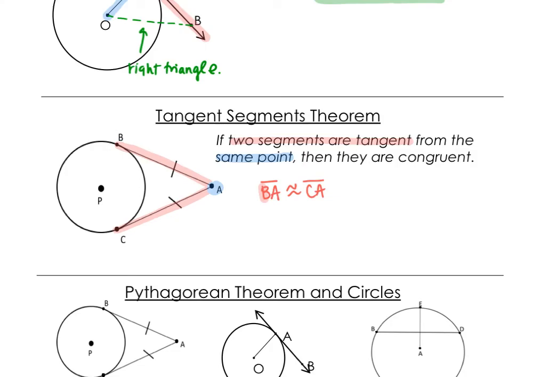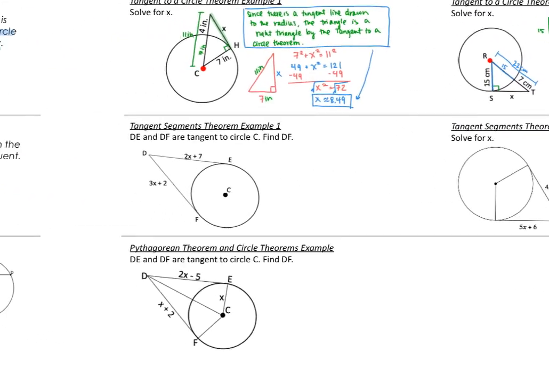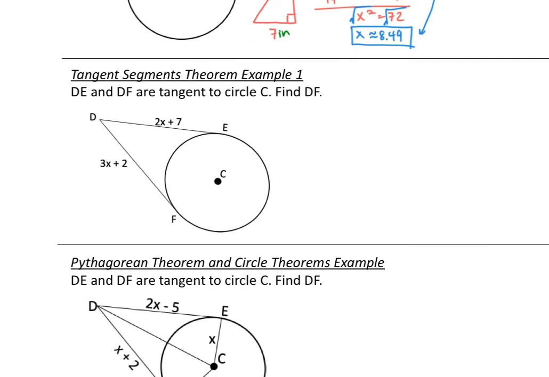Okay, let's see how we can use this. It's fairly straightforward. Here it says DE and DF are tangent to circle C. Find the length of DF. Since these two segments are tangent from the same point, I'm going to write my explanation first.